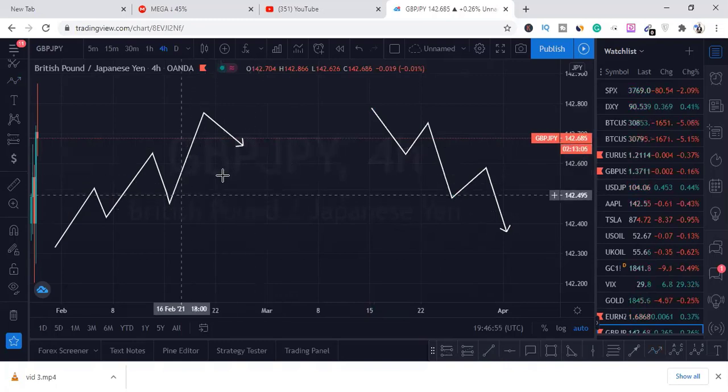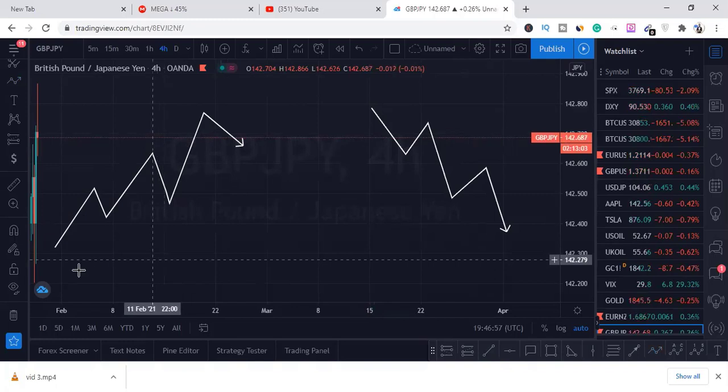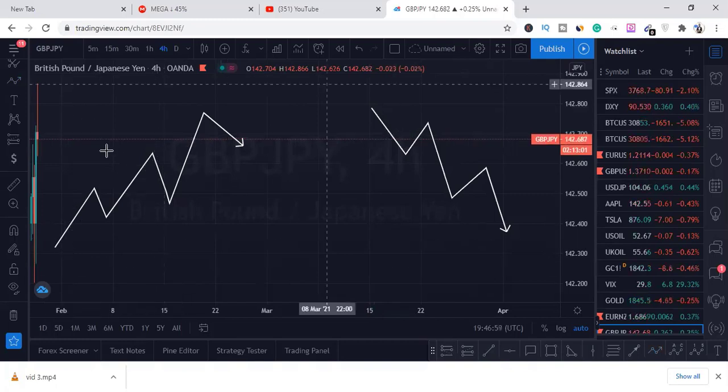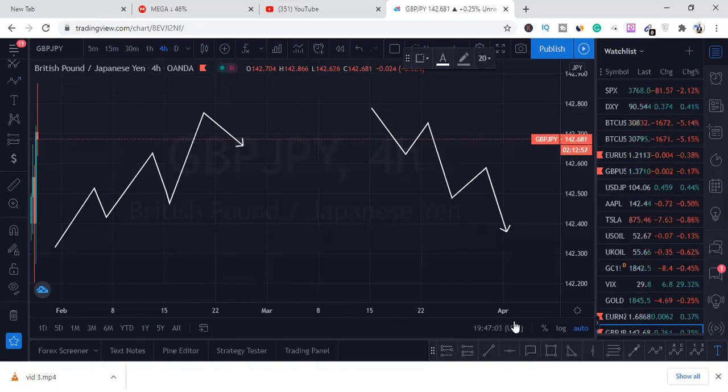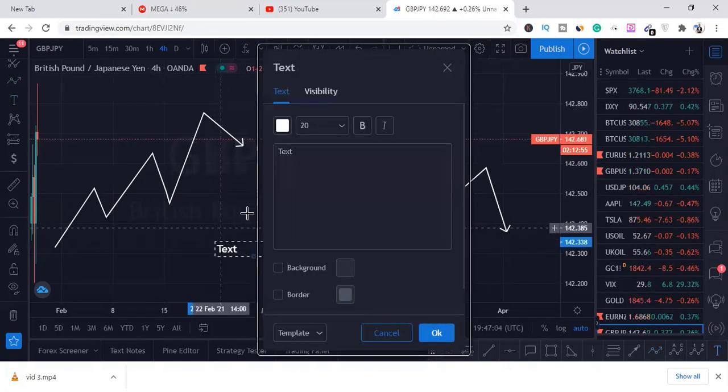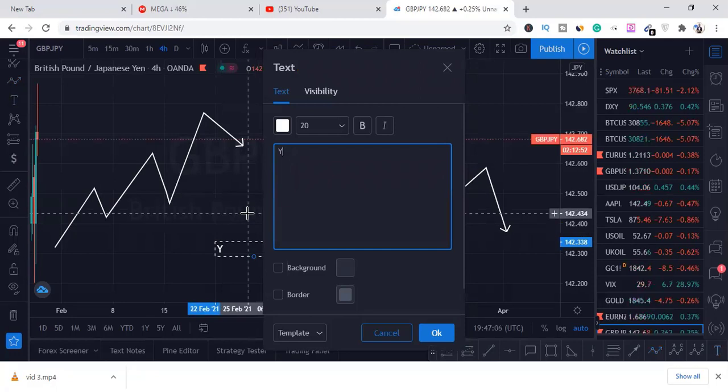Now, for you to be on the safer side, you should know the institutional bias. When I say bias, I mean the institutional flow. You must know the institutional bias.